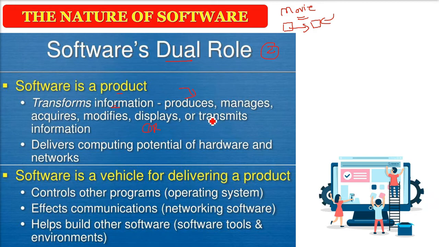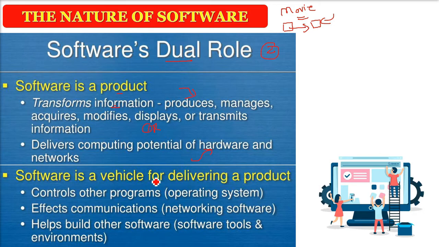This is how software works as a product. This is the first role of software, and it depends on delivering the computing potential of hardware and networks. The software can be very light, or it can be very computationally expensive. It is a product made for a certain machine where it should work.